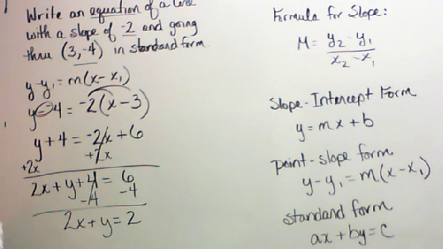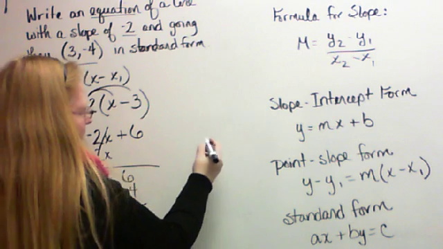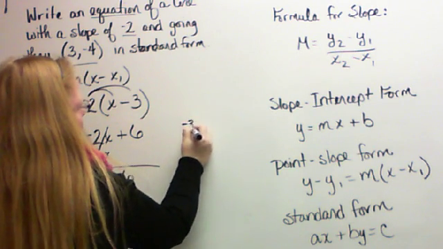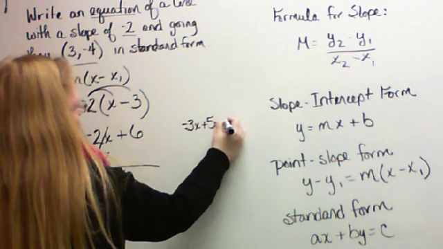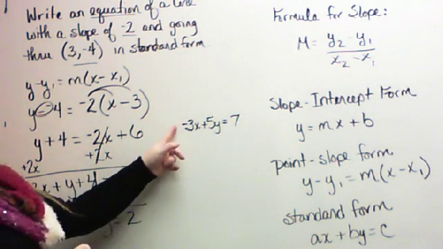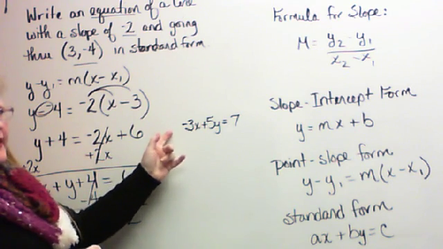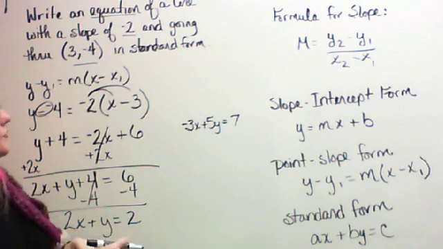Now I know that we didn't end up with a negative x in this case, but I need to explain to you what to do if we did have a negative x. So let's say that we had ended up with something like negative 3x plus 5y equals 7. That's not in standard form because of that negative. So we need to go ahead and change it to put it in standard form.